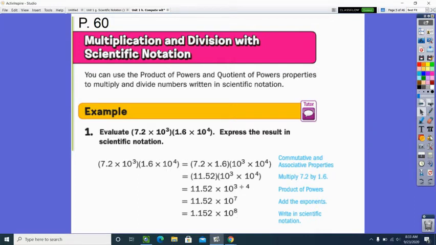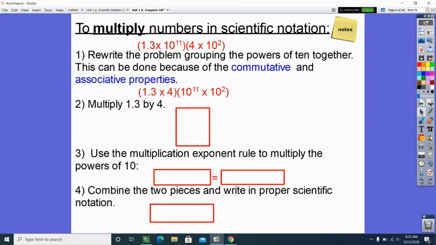Let me do another example with you. This one isn't in your book. So I'm going to multiply 1.3 times 10 to the 11th times 4 times 10 to the 2nd. And the first thing I'm going to do, you're going to see in blue, is I'm going to use the commutative property. And I'm going to switch and put the 4 over here and the 10 to the 11th over there. Now this can go right into the calculator. 1.3 times 4.